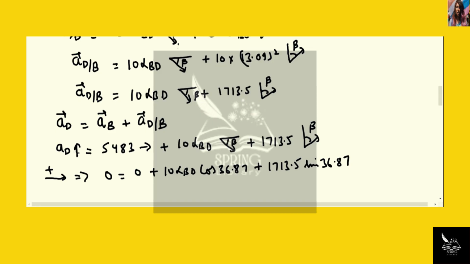On solving it, alpha BD will be negative of 128.51 radian per second square.